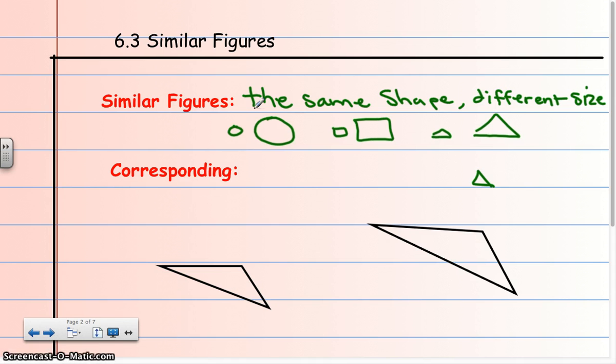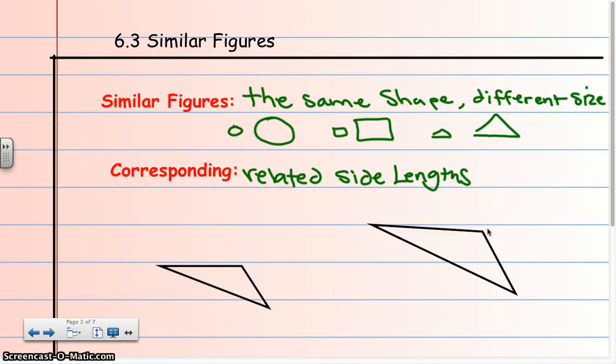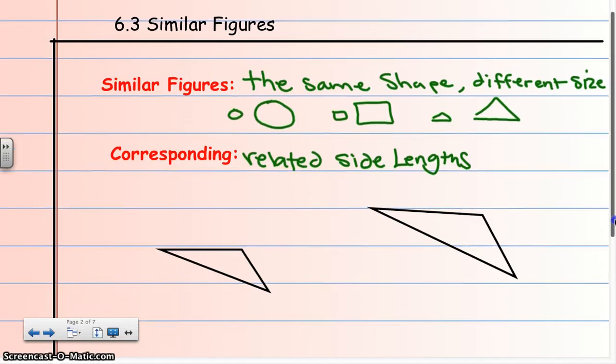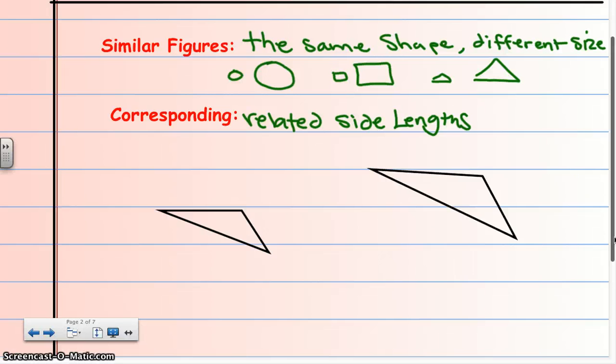corresponding is the related side lengths. When I say related side lengths, you should have had these two triangles drawn in your notes, and I want you to just label the vertexes.